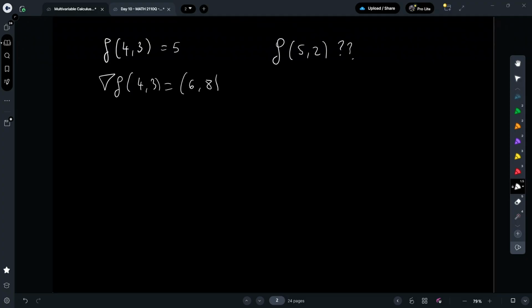What is the linear approximation? The formula for the linear approximation is the tangent plane.